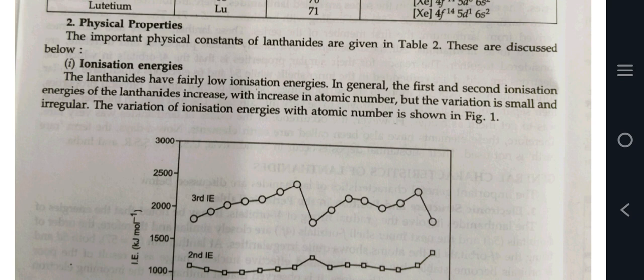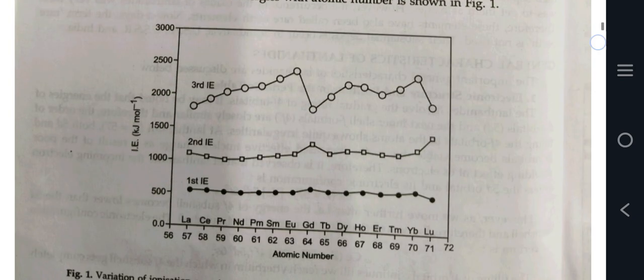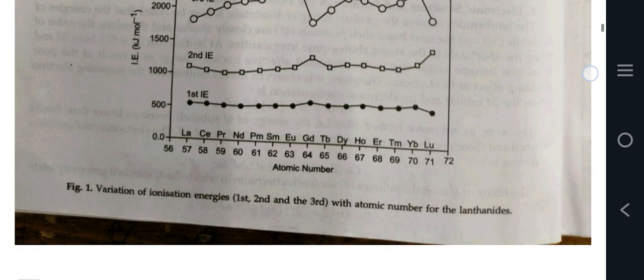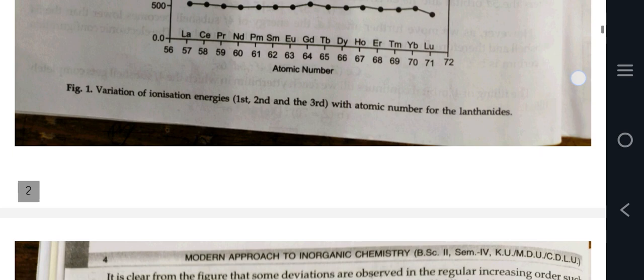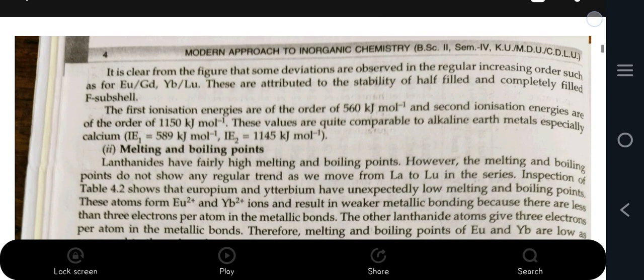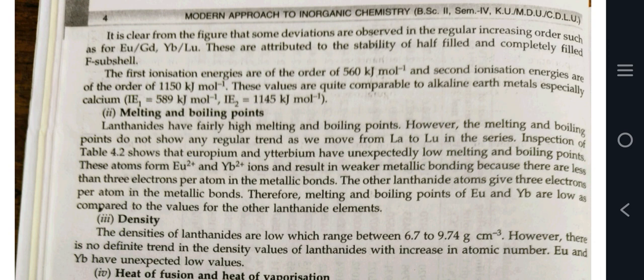The variation of ionization energy with atomic number is shown in figure 1. It is clear from the figure that some deviations are observed in the regular increasing order, such as Eu, Gd, Yb, Lu.